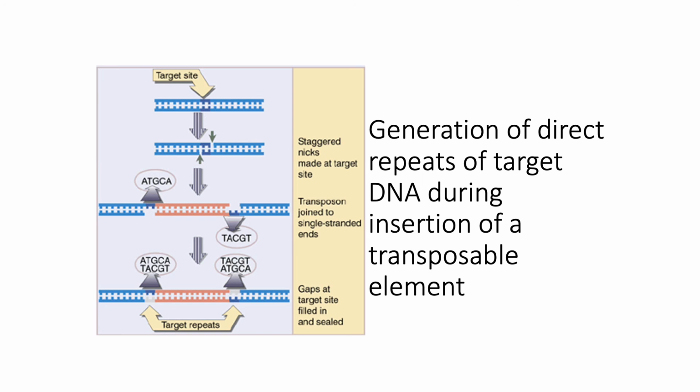Then it separates them, inserts the element into the target site, leaving 2 single-stranded areas on opposite strands on either end, and then those are filled in by the repair enzymes, the DNA polymerases that repair DNA. And of course, they can be ligated in with DNA ligase. So you get this duplication when these elements are inserted into the genome.